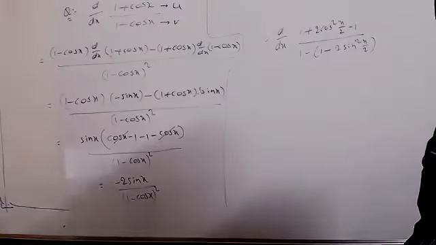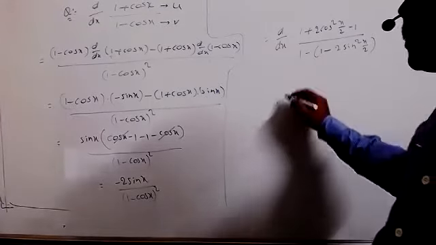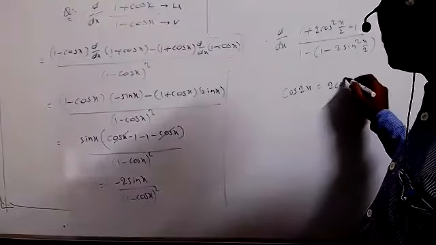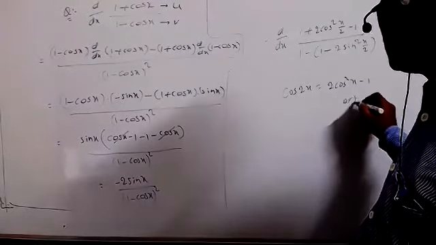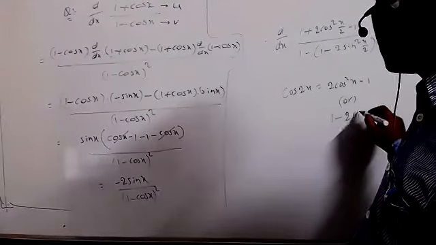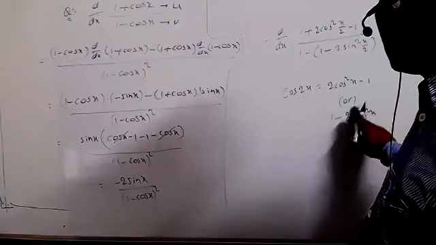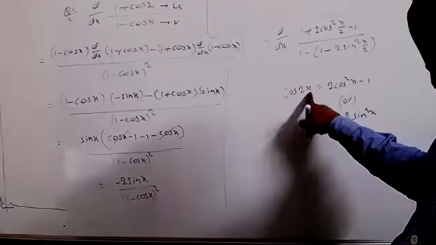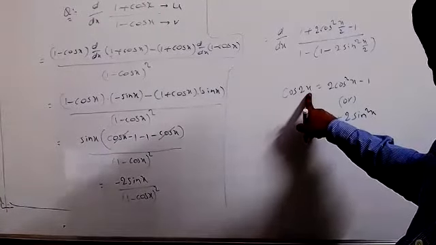The formulas we know, multiples and submultiples. Cos 2x equal to, what is the formula we have? 2 cos square x minus 1 or 1 minus 2 sin square x. Now instead of x here, you can take x by 2, theta equal to x by 2.